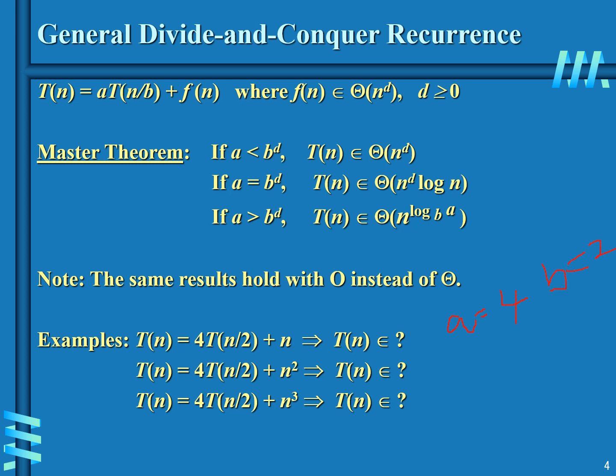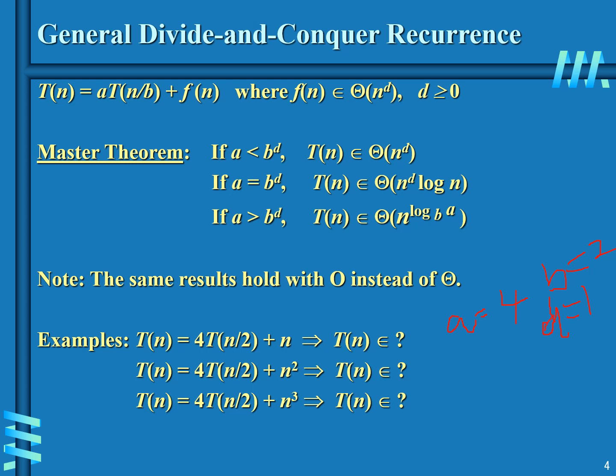So f(n) is n. Where f(n) belongs to theta of n to the power d, we have to take it in that form. Since f(n) is linear, d should be greater than or equal to 0, and here d equals 1. The value of d is 1.